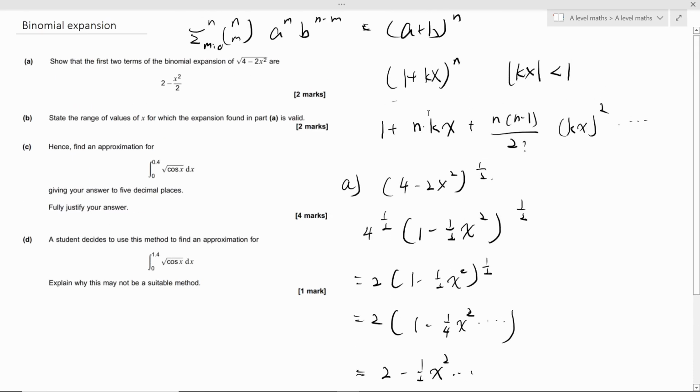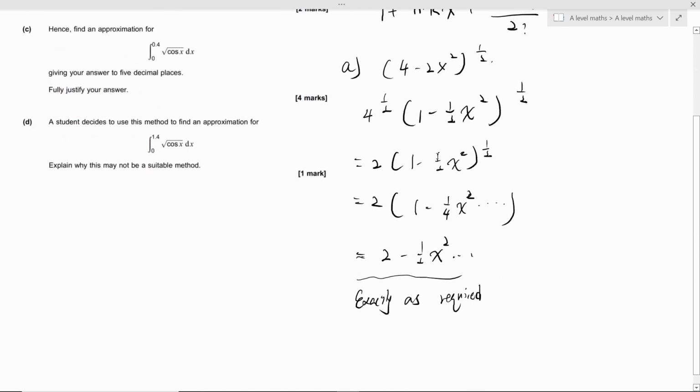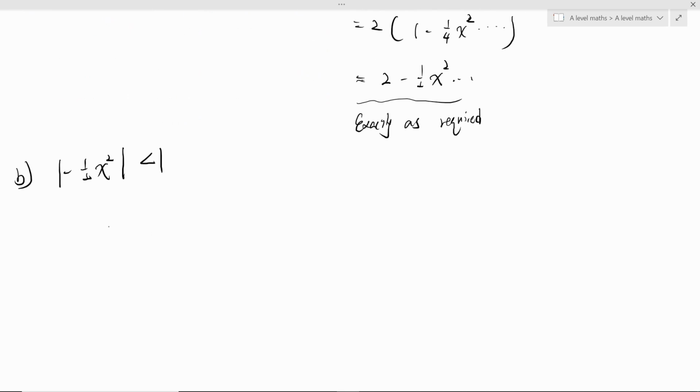So you can see that the kx here is basically minus a half x squared. So for part B, what we really need is that minus a half x squared's absolute value is less than 1, or equivalently x squared's absolute value is less than 2, which means x is between minus square root of 2 and square root of 2.